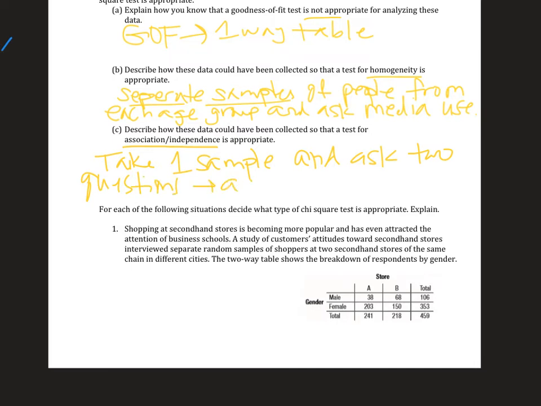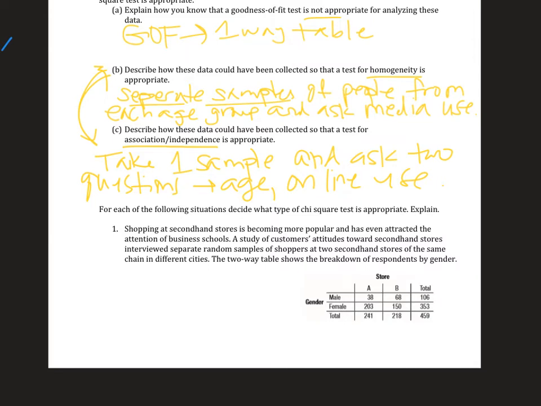What is their age and what is their online use? I know they kind of sound the same here. That's really easy to get them mixed up, but we're going to do a couple more examples that I've added to this packet just to help us get through the difference between them. Okay?